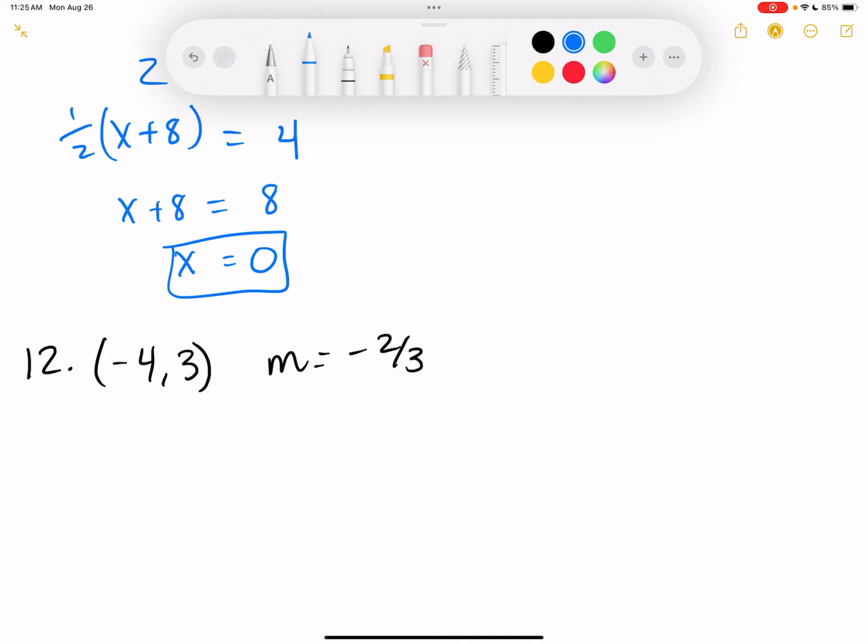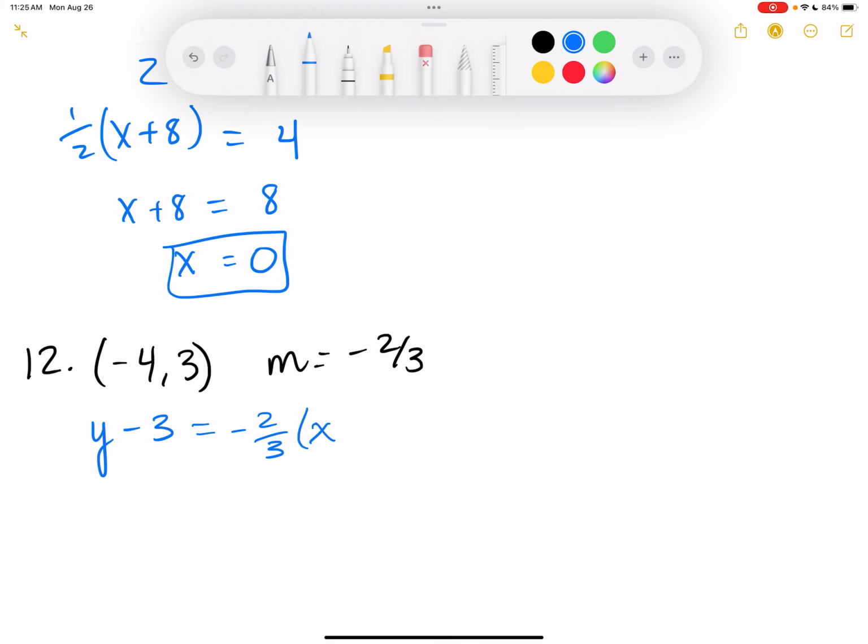Y minus 3 equals -2/3 times x minus -4, so x plus 4.